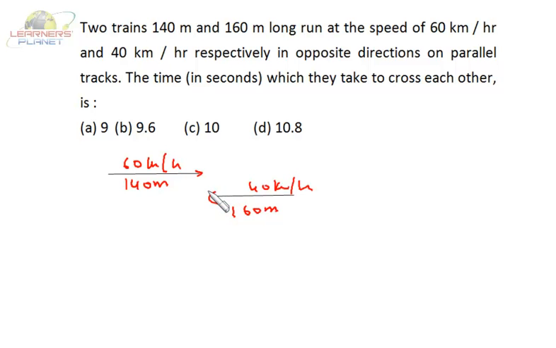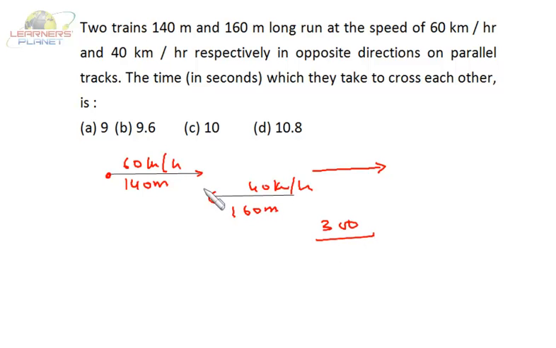Okay, now friends, crossing means this last point should cross this last point. That means after crossing, the scene must be like this. That means this last point has to cover a distance of 140 plus 160, that is 300 meters.